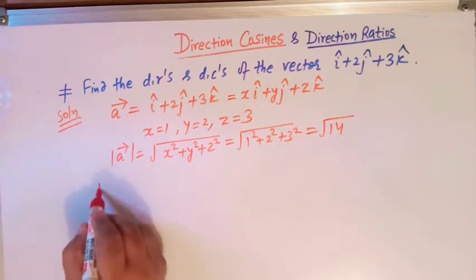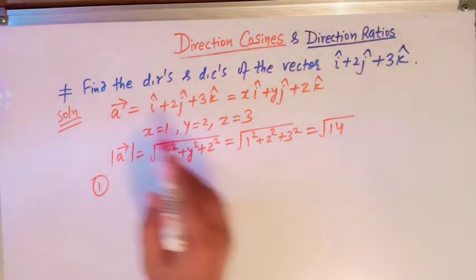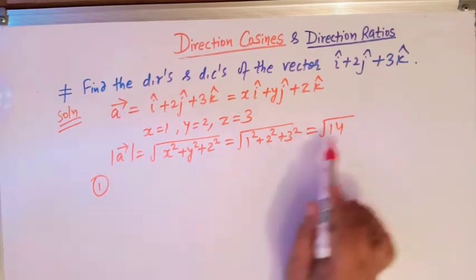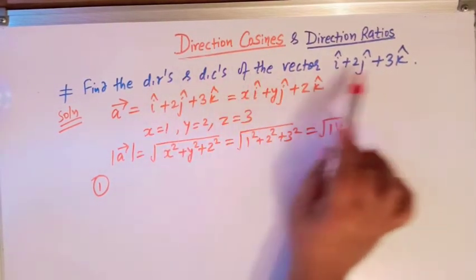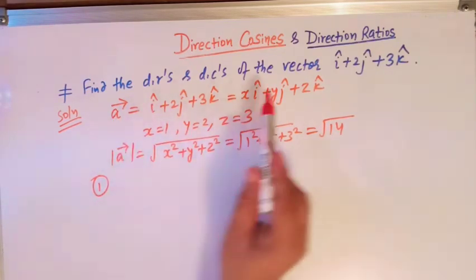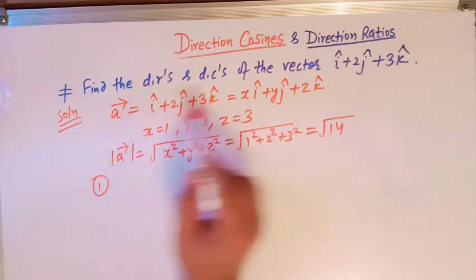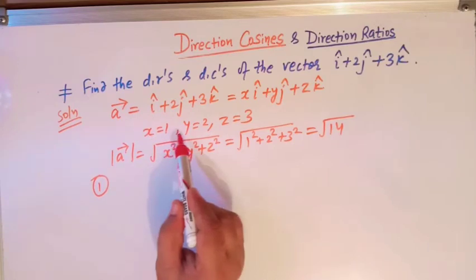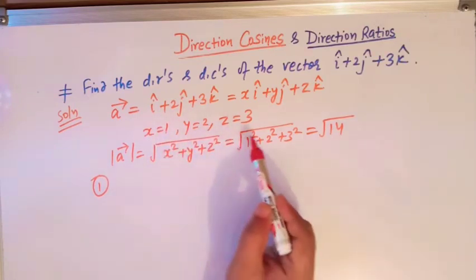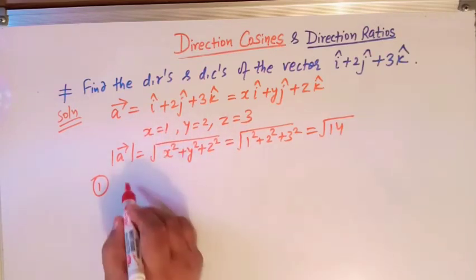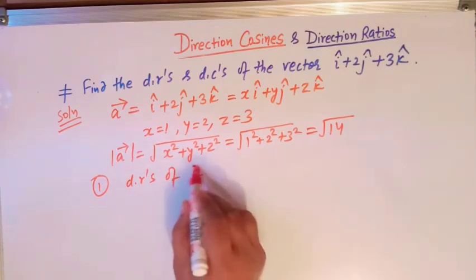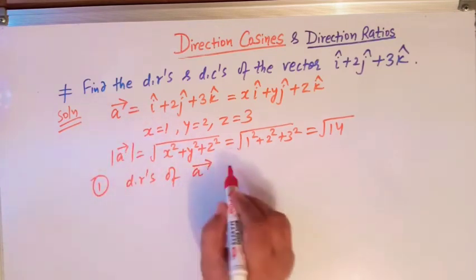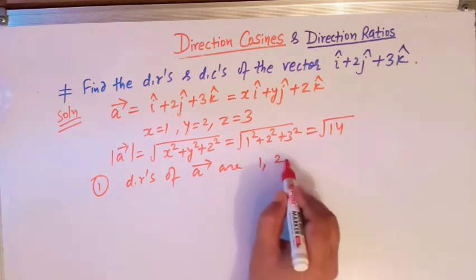Now we have to find the DRs and DCs of the vector. Always remember the DRs of a vector are its x, y and z components itself, right? So therefore DRs of vector A are 1, 2 and 3.